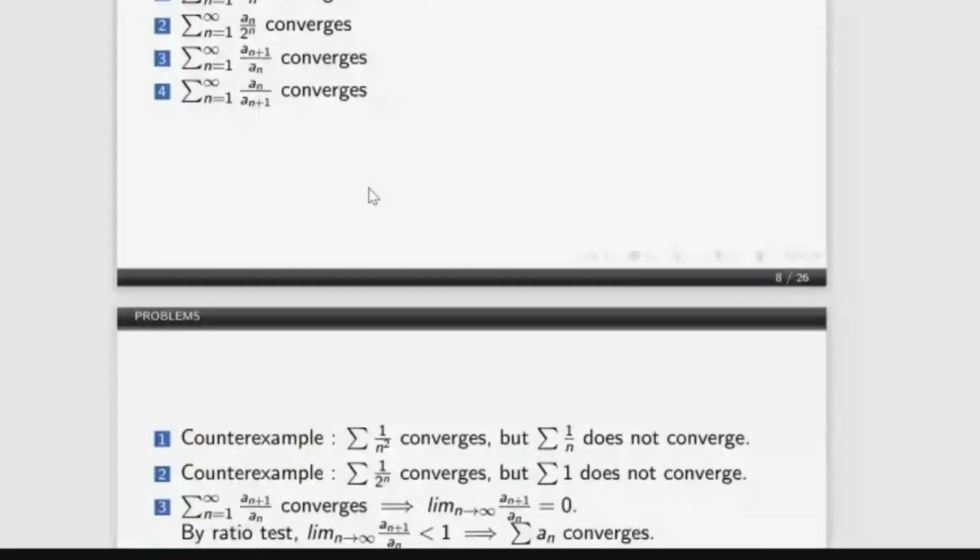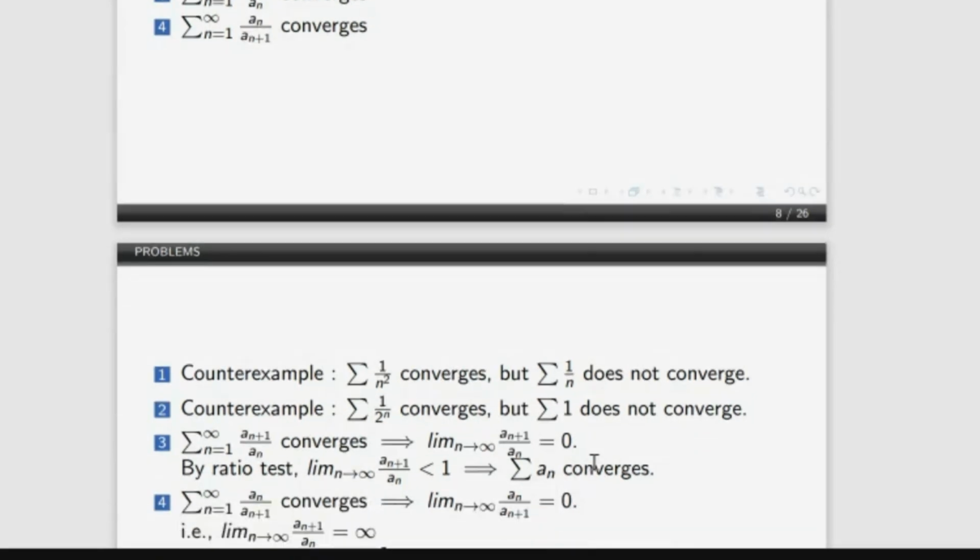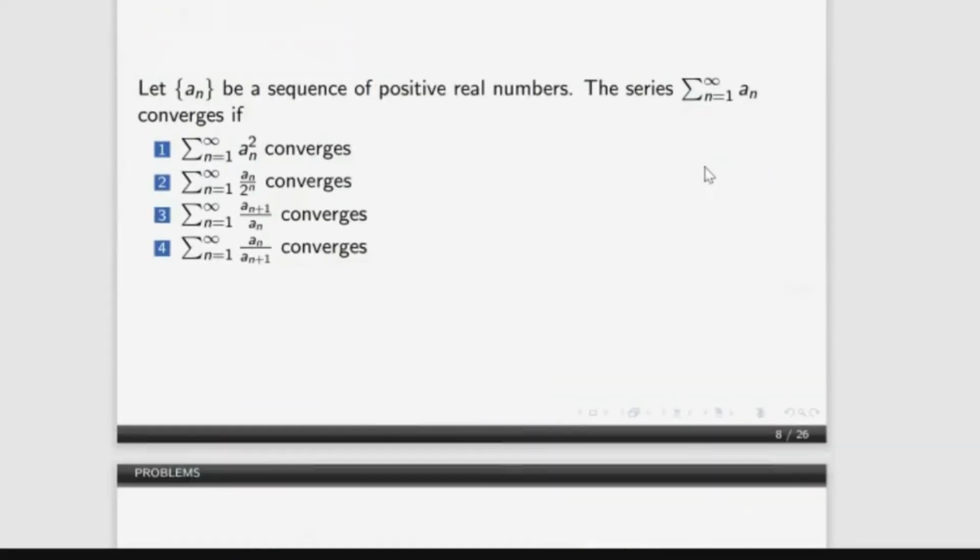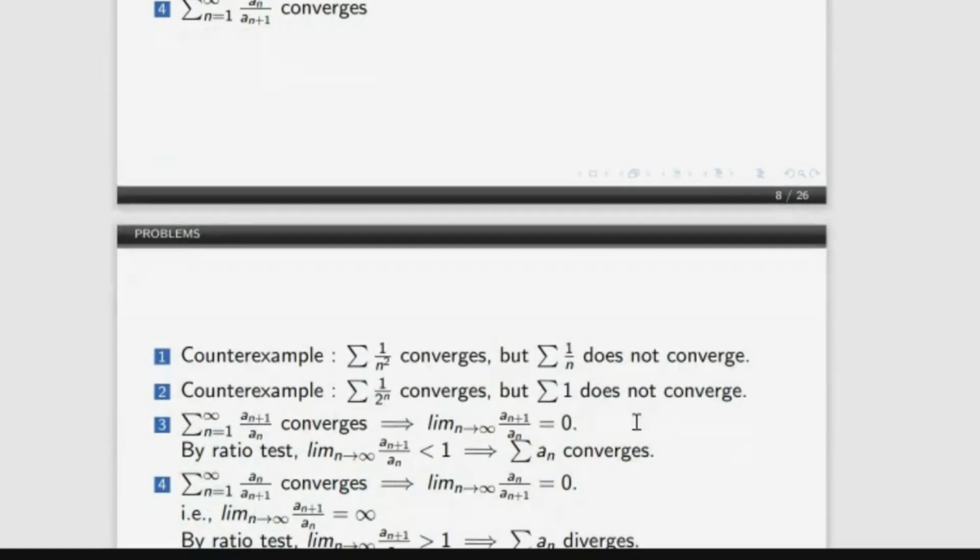Now taking the second option, I am taking an to be 1, right? So it becomes series 1 by 2^n. That is a geometric series with r value less than 1, so it is convergent in nature. But considering series an, that is what we need to check, it is series 1, which is definitely not convergent, right?